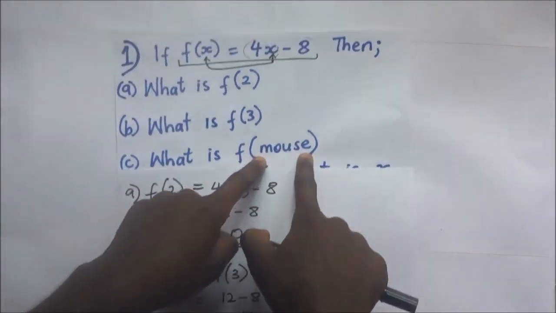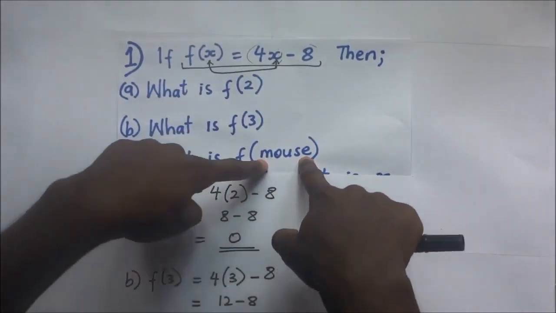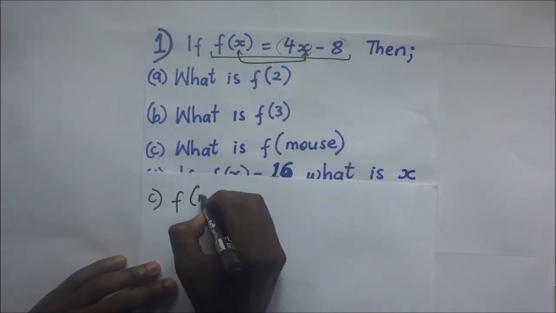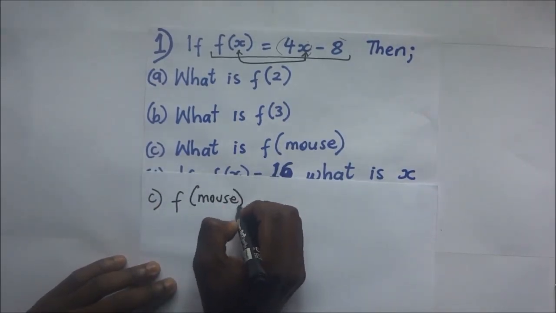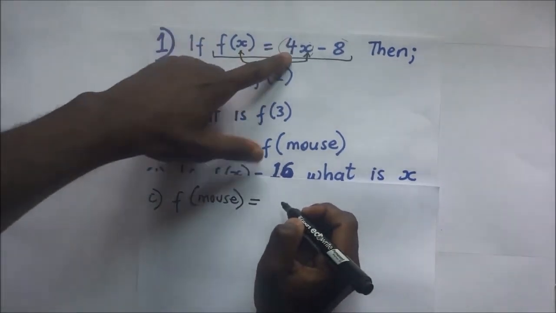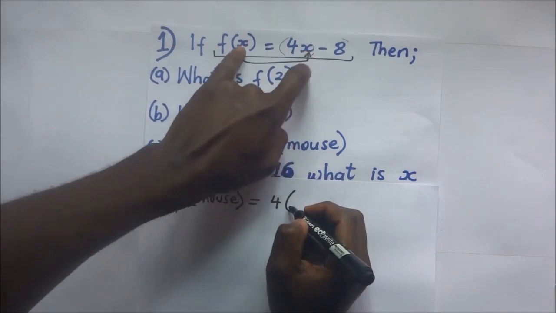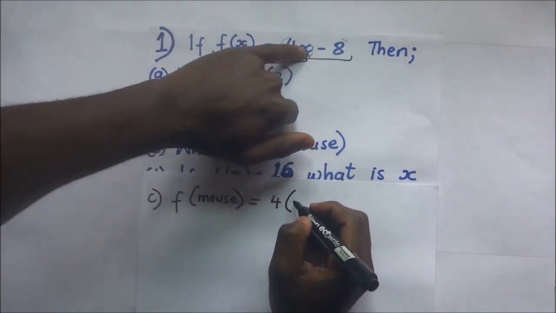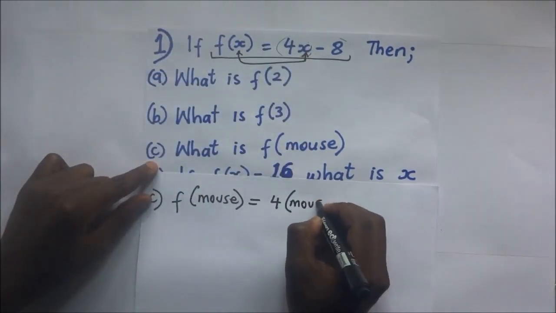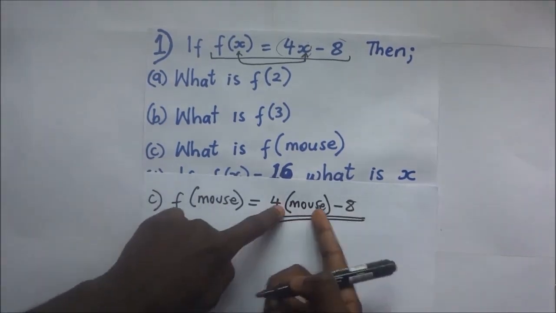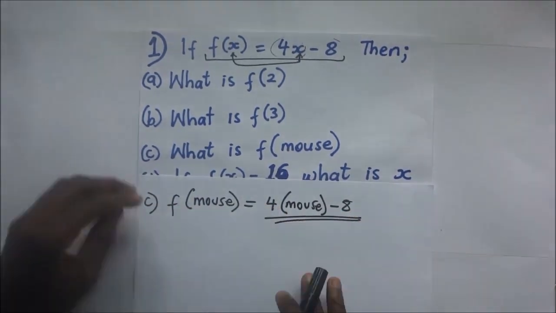So where there is x, we are simply going to put that word mouse. So f of mouse is going to be equal to 4 into brackets, mouse, minus 8. Mathematically we can't go beyond this, so that's the answer.